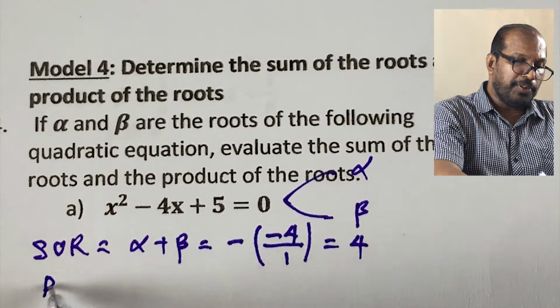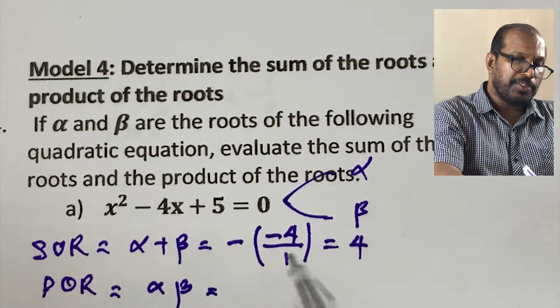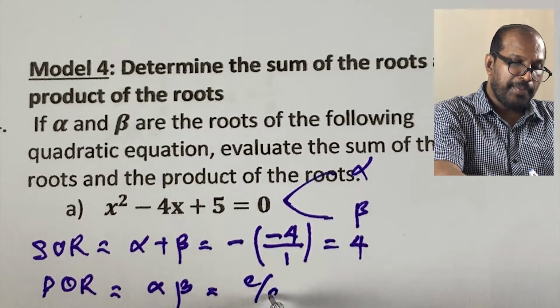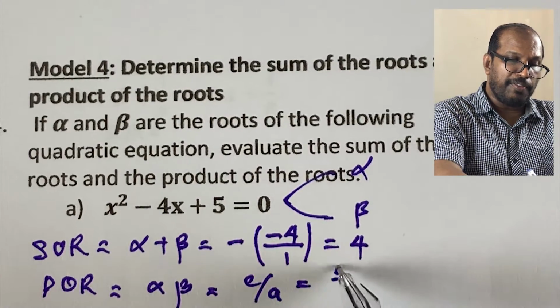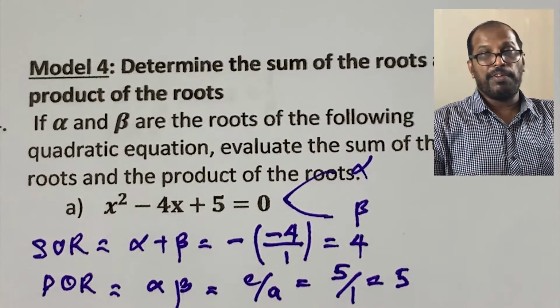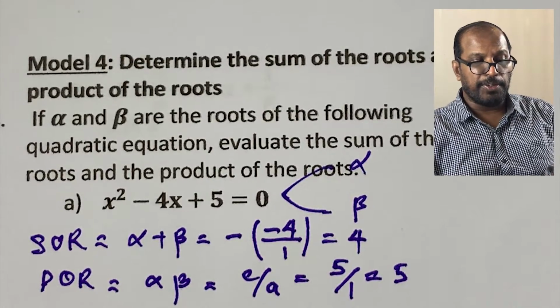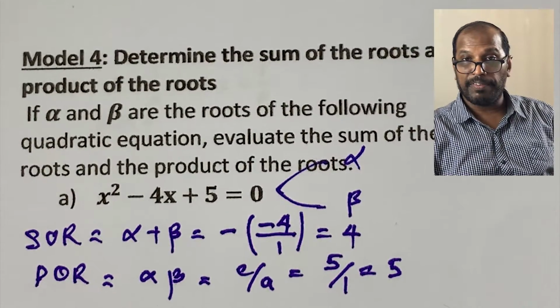And the product of the roots, alpha beta, equals c over a, which equals 5 over 1, equivalent to 5. So now we found the sum of the roots of this quadratic equation is 4, and the product of the roots is 5.